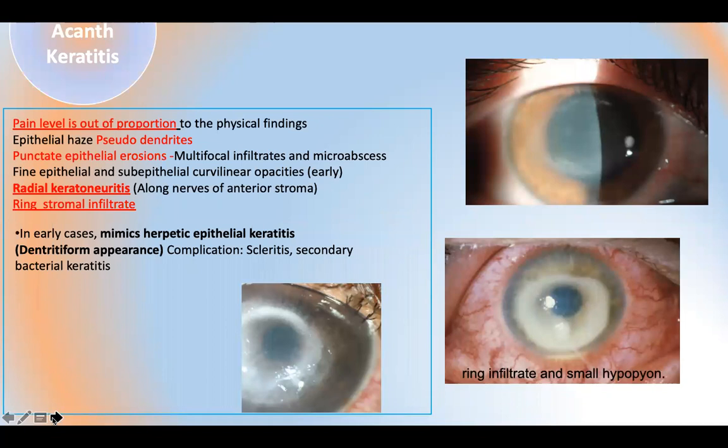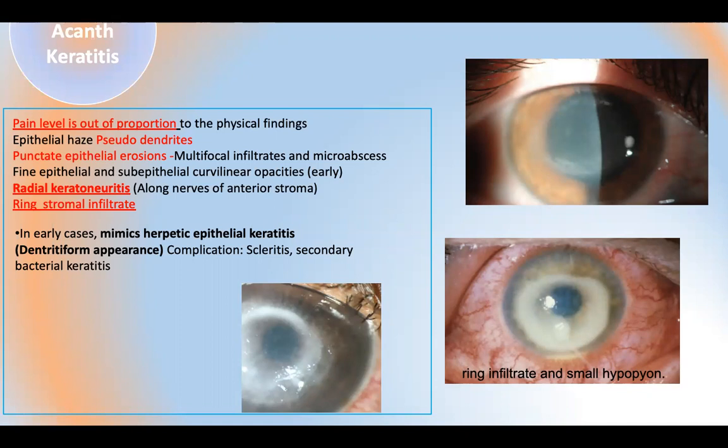Acanthamoeba: mostly she will be a woman or a girl with contact lens, coming with severe pain. If you examine, you will find a similar picture like this, but the patient is complaining of severe pain.